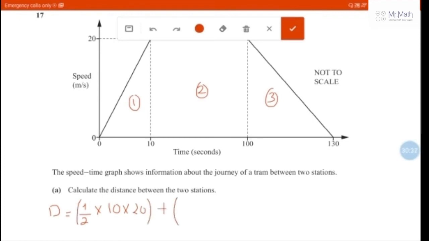Plus, for the second area, the area here is a rectangle, so it is length times width. The length here is 100 minus 10, which is 90, times the width, which is 20. And the last area, area 3, is a triangle, which is half times the base. The base here is 130 minus 100, the difference between these 2 points, which is 30, times the height, which is 20.